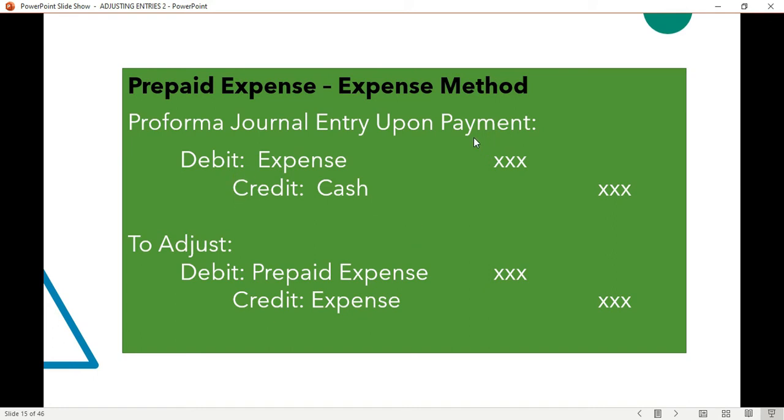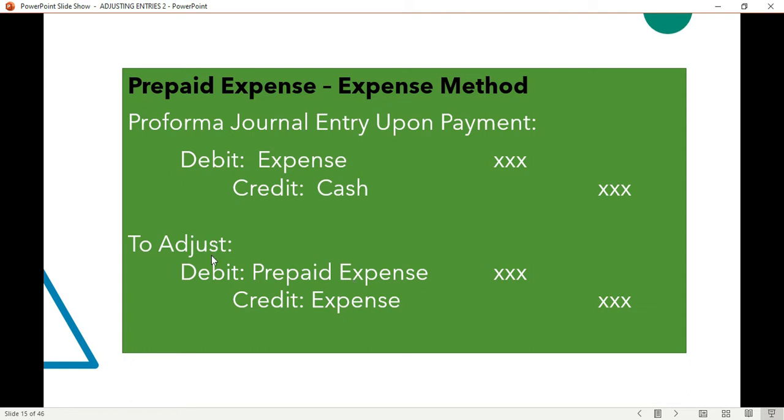At the time of payment, the journal entry made was a debit to an expense account and a credit to cash. At the end of the period, since it was an expense at the start, you recognize the asset portion, or the unexpired portion, and then reduce your expense.